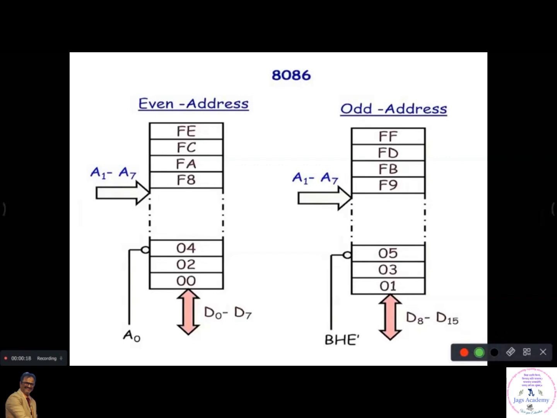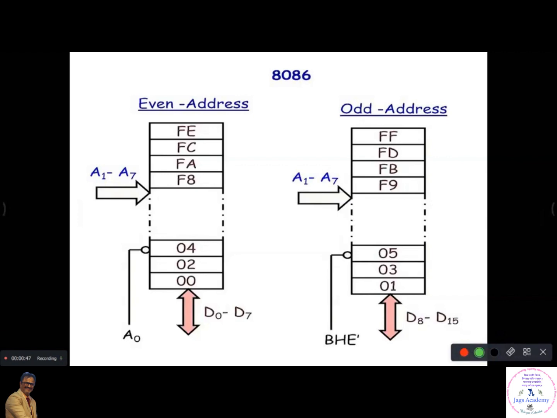Hope you remember, during my last class I told you that if you want to transfer 16 bits of data at a time between the I/O devices and the microprocessor, you need to have the I/O devices addressed as even and odd addresses, so that 16-bit data can be transferred at a time from I/O devices to the microprocessor or from the microprocessor to the I/O device.